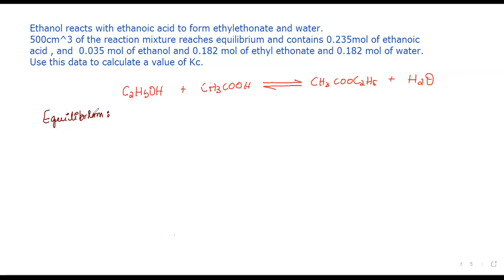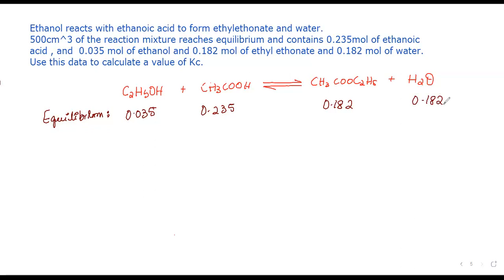So we have 0.035 mole of ethanol, 0.235 mole of ethanoic acid, 0.182 mole of ethyl ethanoate and 0.182 moles of water as well. First thing you want to do is calculate the concentration. Why? Because this is the equilibrium constant for concentration.